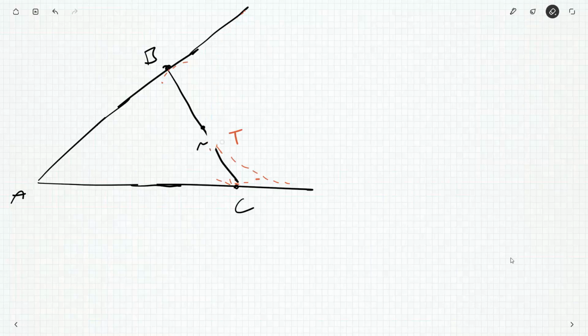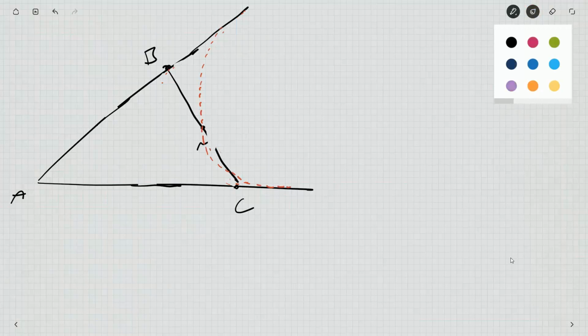And I'm fairly certain M is the midpoint of BC, but M is not going to happen to be the tangent point if the circle is tangent to BC. So I guess the only other possibility would be our circle passes through M. But does that help me?